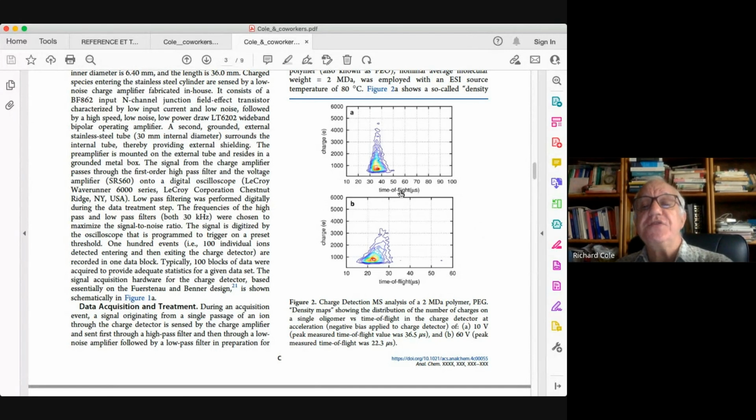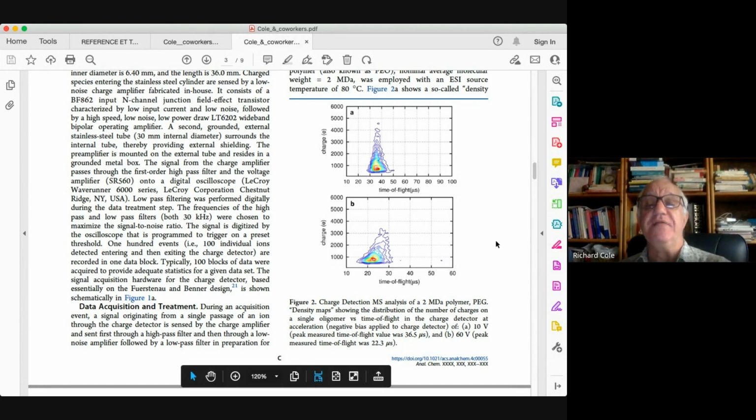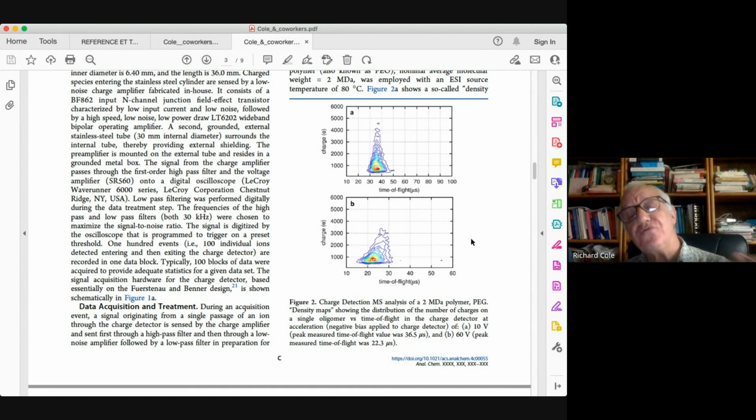Okay, and so I'll show you this second portion. It's exactly the same spraying solution of polyethylene glycol. But this time we have increased the acceleration of our species. And so when we increase the acceleration of our species, you can see that the peak value shifts to lower residence time inside our tube.